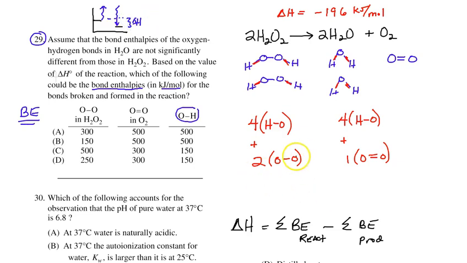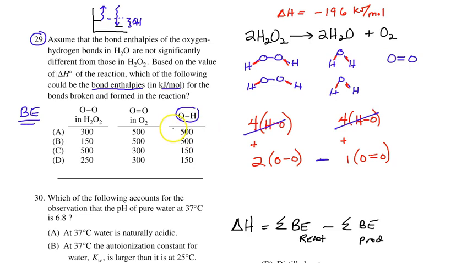So which one is going to give me my negative 200? The one thing I can see clearly is that because I break 4 HO bonds and produce 4 HO bonds, they cancel out. The difference between the reactants' energies minus the products' is really these 2 values here. So I'm looking for some value to give me negative 200.